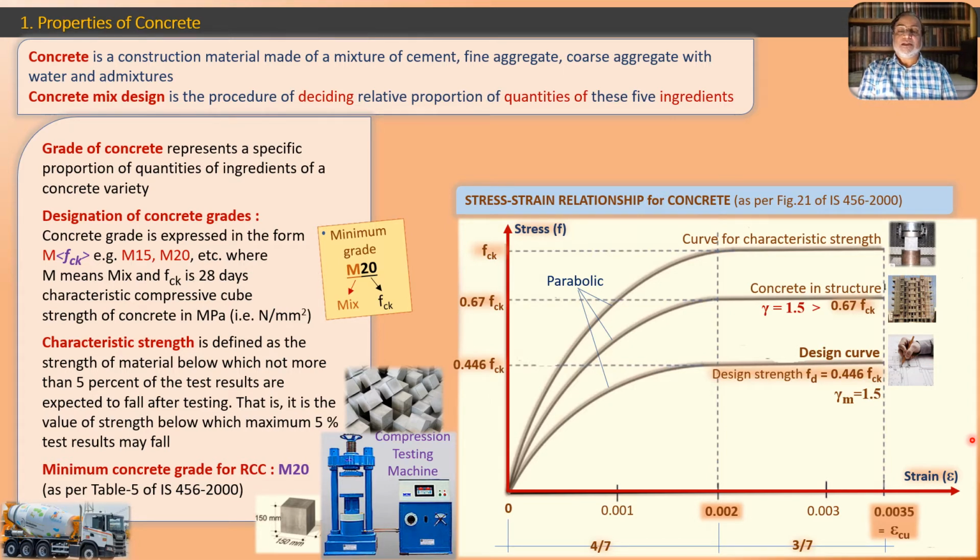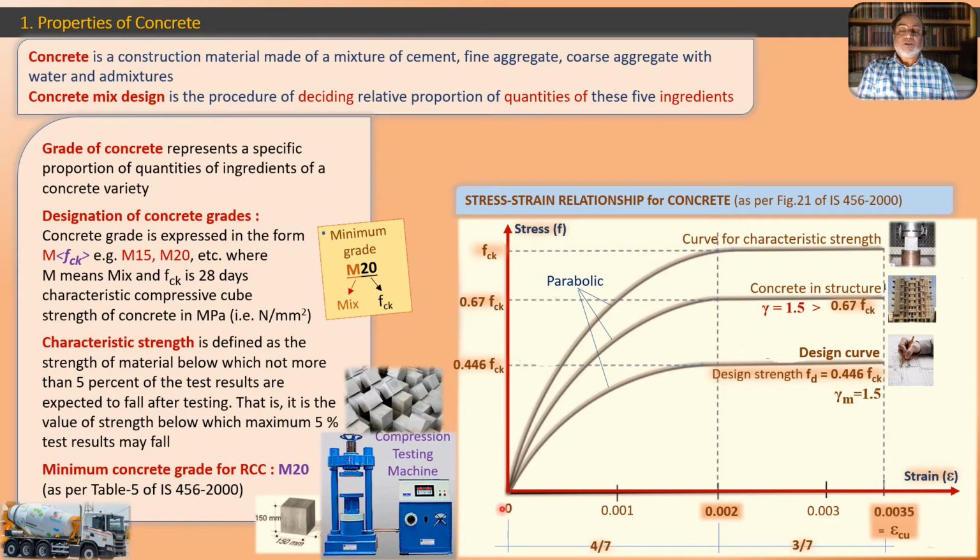You can understand the importance and the need of this large factor of safety because of the complicated nature of production of concrete as well as of behavior of concrete under load, and that is why we reduce the value to that extent. So we can say that the design strength fd is equal to 0.446 fck for concrete.